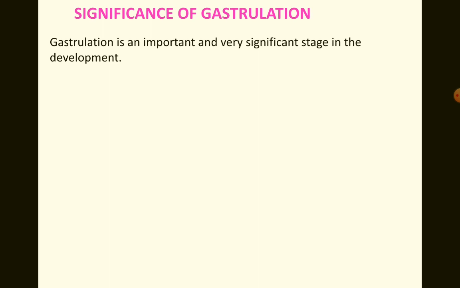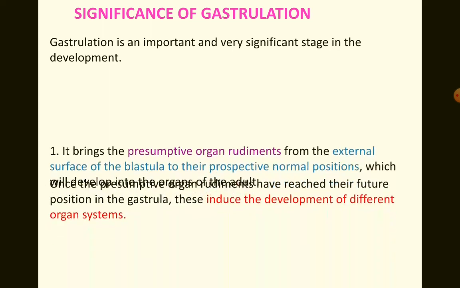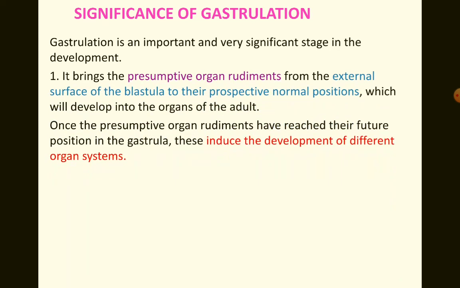Gastrulation is a very important and significant stage in development because it brings the presumptive organ-forming rudiments from the external surface of the blastula to their prospective normal positions, which will develop into organs of the adult. Once these presumptive organ-forming areas have reached their proper places, they induce the development of different organ systems.